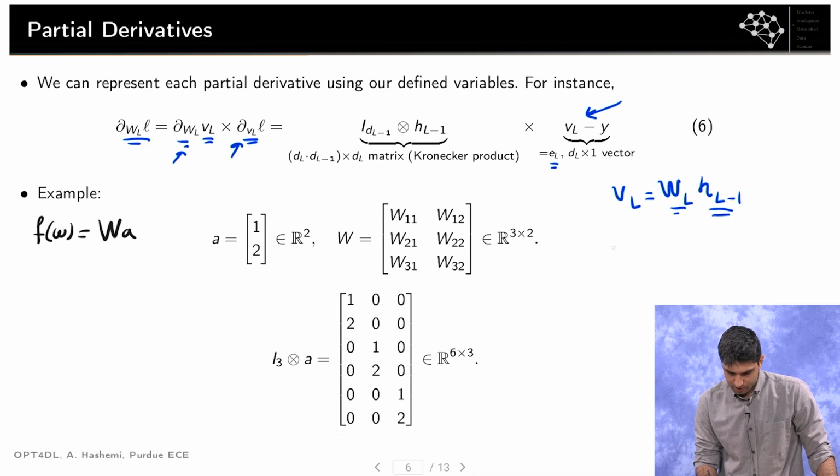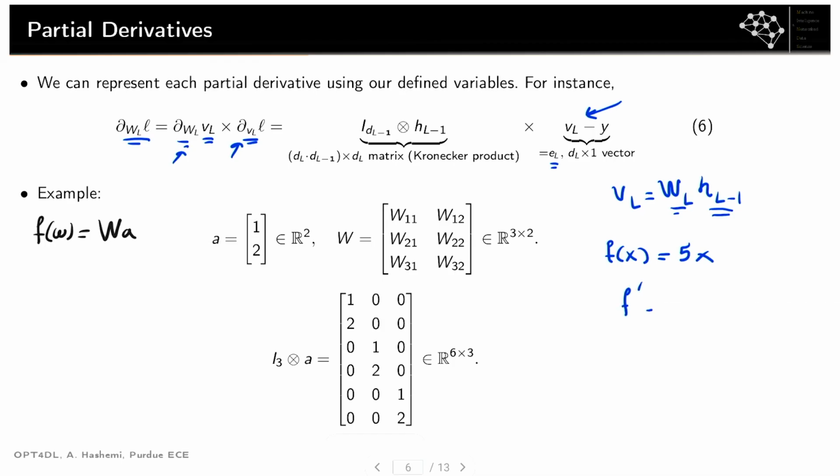For instance, let's say I have some function f of x, which is 5x. When I take the derivative with respect to x, f prime is 5. This is exactly what we are dealing with here, except that what we are taking the derivative with respect to is this huge vector. So we have to introduce some operation to make sure that the dimensions match.